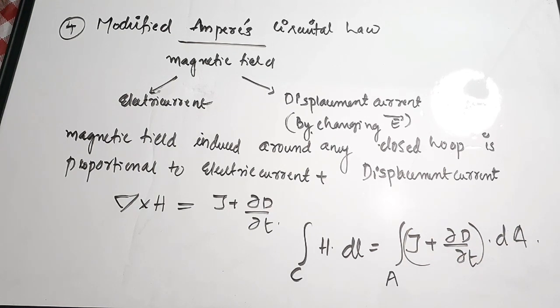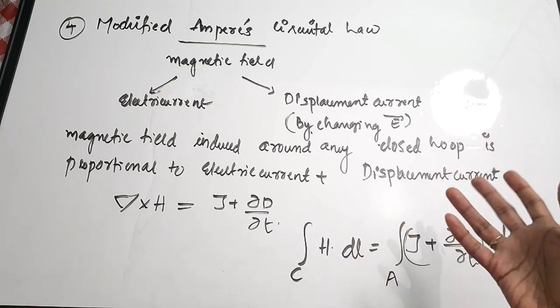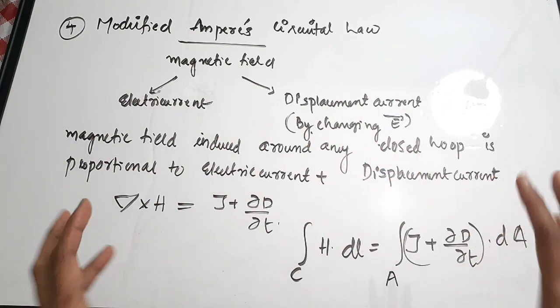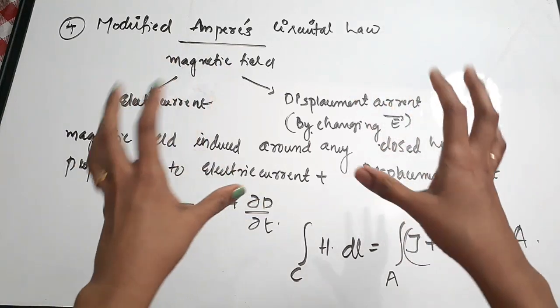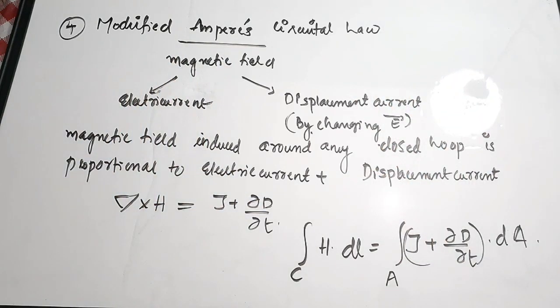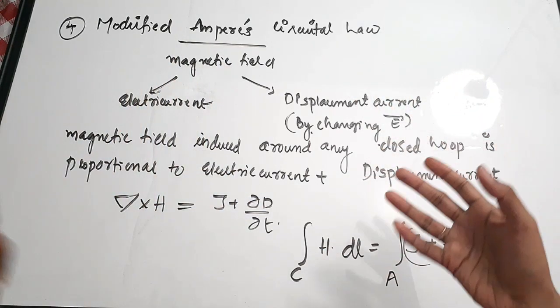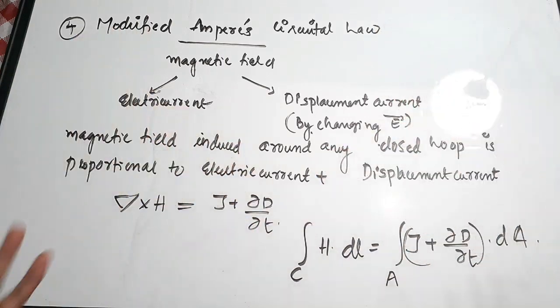So this is the modified Ampere's circuital law. It explains the generation of a magnetic field, which can be either by electric current or by displacement current. So when you calculate the total magnetic field around a closed loop, you take it as proportional to the sum of these two currents.